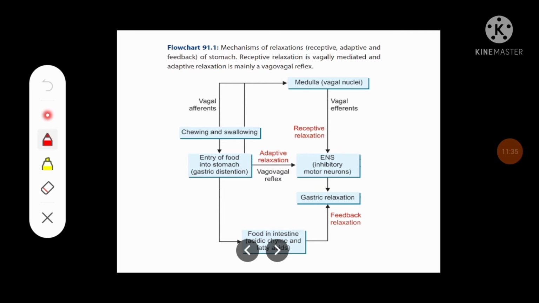So this is a flow chart showing the mechanism of relaxation, that is, the receptive, adaptive, and feedback mechanisms. Okay. So chewing and swallowing stimulate the medullary vagal nuclei, and that leads to receptive relaxation.